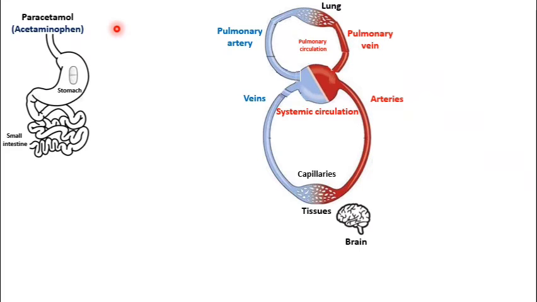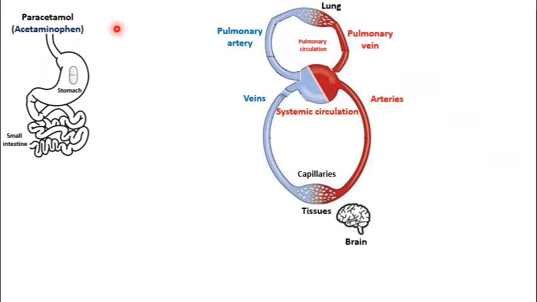This tablet here first undergoes a process called disintegration, meaning that it would break into small fragments. Then a process called dissolution occurs, where the molecules of the drug are dissolved in the fluids of the GIT.